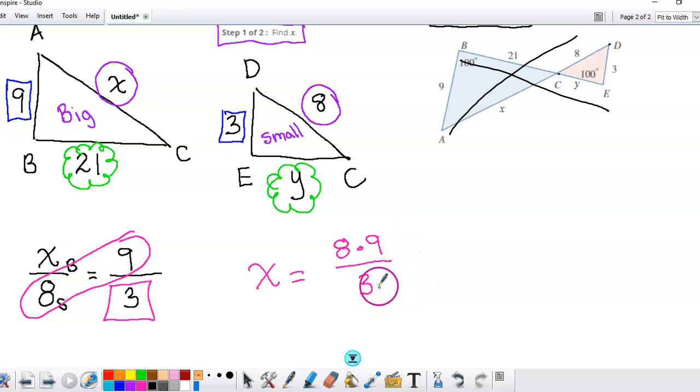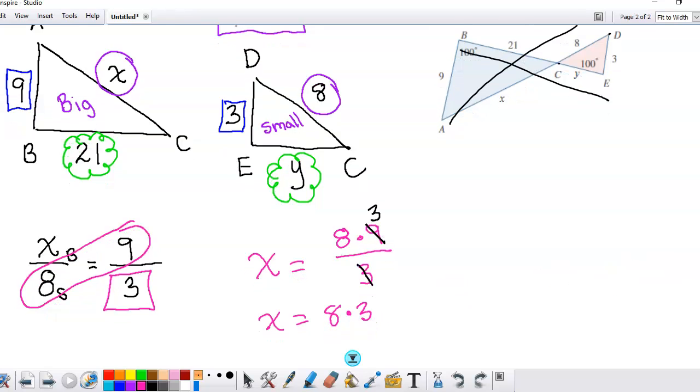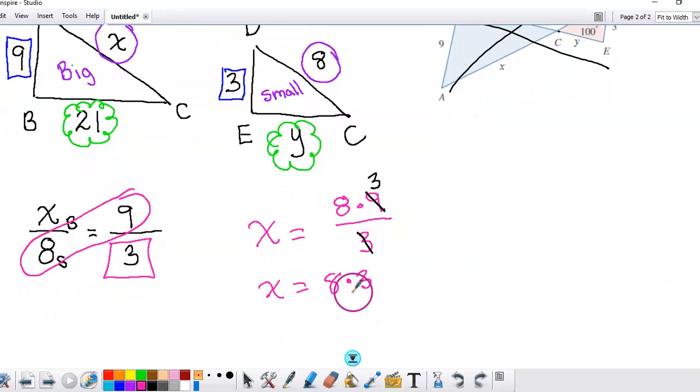If they don't reduce, generally in these proportions, usually you would leave it in fraction form, but check what the directions say. 9 divided by 3 is 3. So my answer would be 8 times 3. And we talked before about that being a 1 on the bottom, but when we're talking about numbers, we don't write the ones unless we need to remember they're there. 8 times 3 is 24.